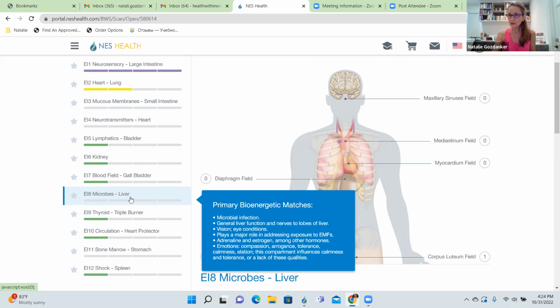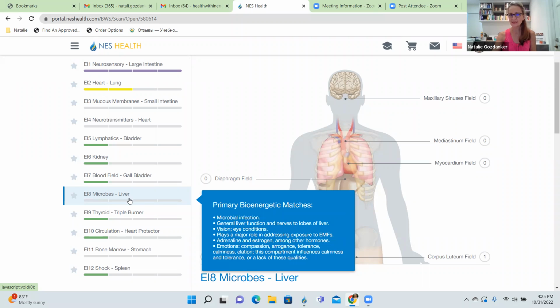And then emotions: people who represent some sort of distortion in the liver field resonate with the emotion of lack of compassion, some sort of arrogance, some sort of lack of tolerance. They feel more on edge more often than others. They feel irritable more often than others, and so on.